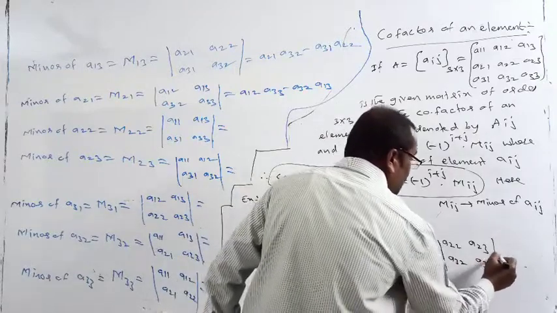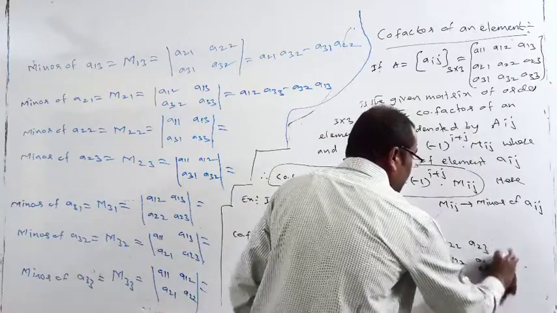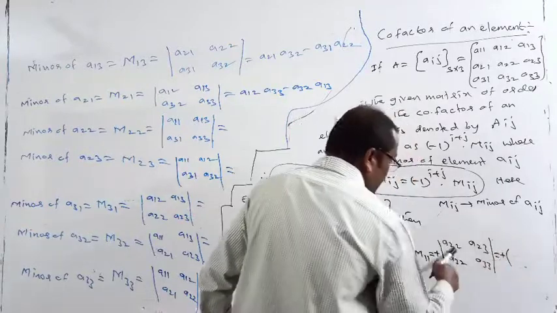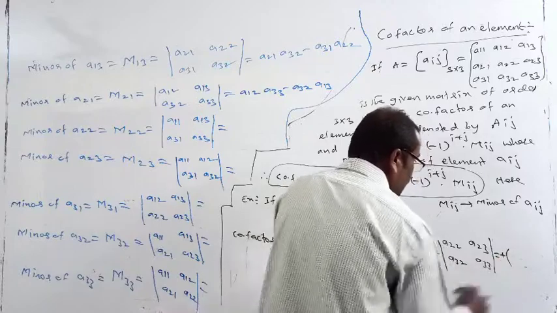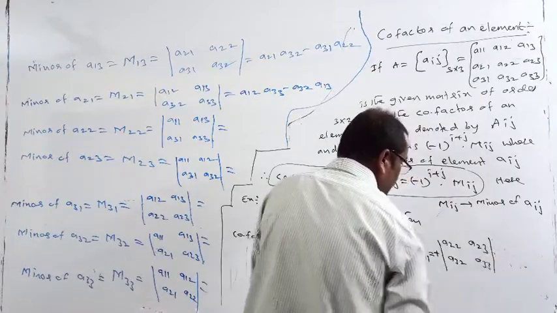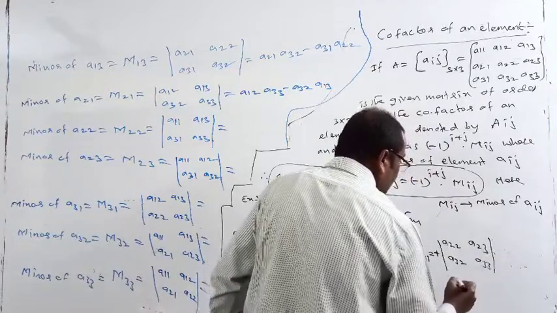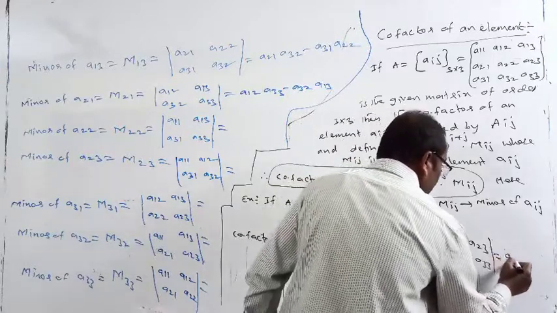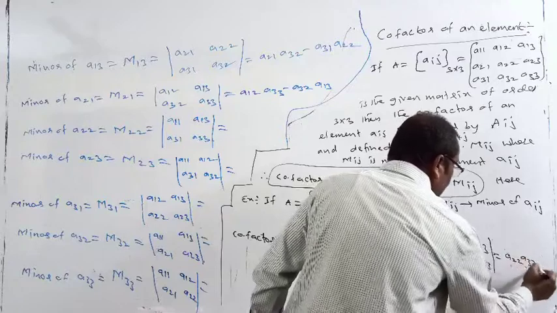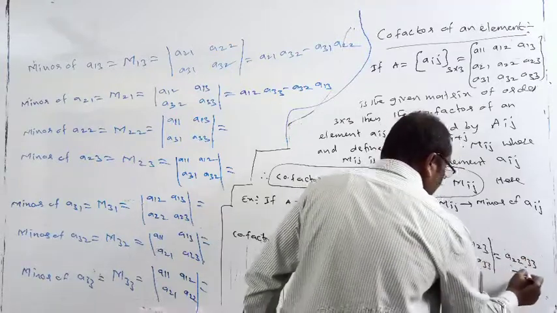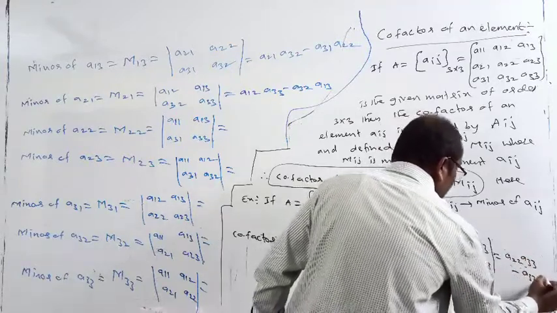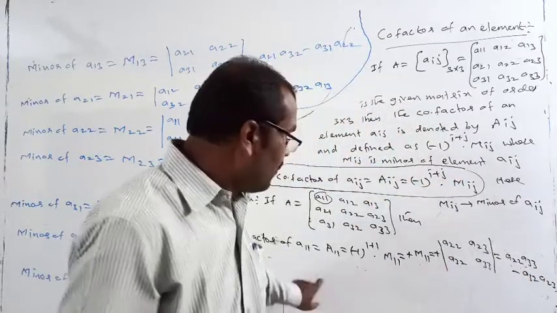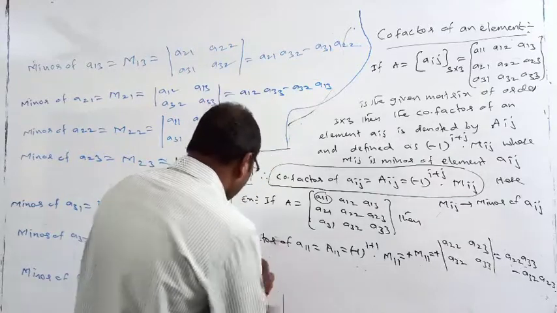So this is equal to A22 A33 minus A32 A23. It will be positive of something.